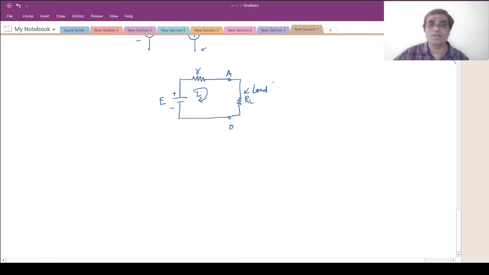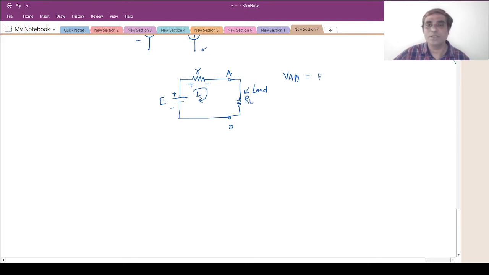Now let me write what will be the voltage between A and O. As we already discussed, if the current is moving in this direction, this will be positive and this will be negative. So what will be VAO?